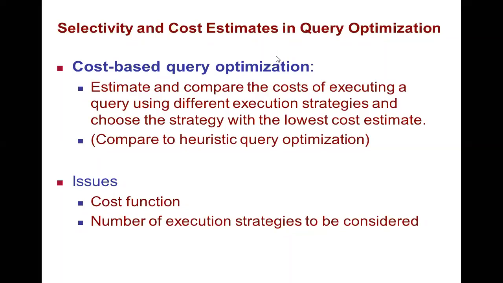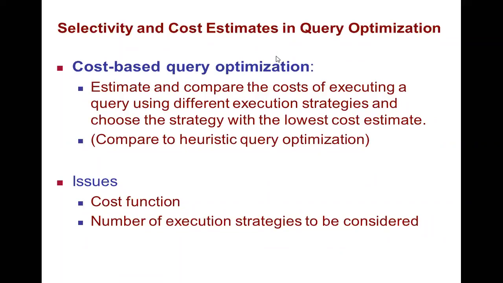In query optimization, different plans or different strategies will be prepared by the relational database management system. Among those different plans and strategies, one particular plan or strategy will be chosen by the system for effective query execution. That is the key idea about query optimization.